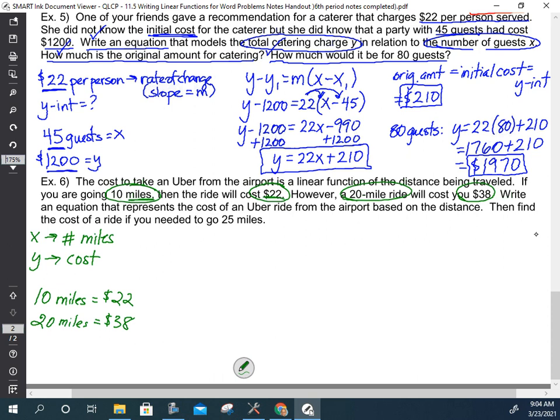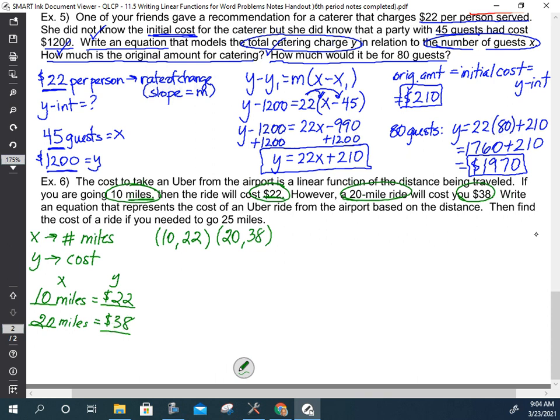So notice that we have 2 X values, 2 Y values. You do not have, in this case, a slope. You are not given a slope. You are not given a rate of change. So that means you are given 2 points, (10, 22) and (20, 38). So you're given 2 points.